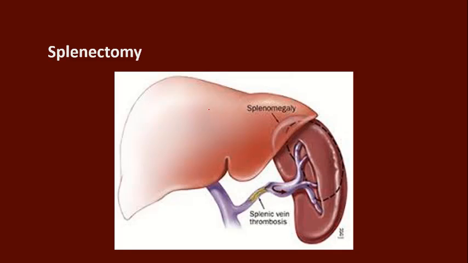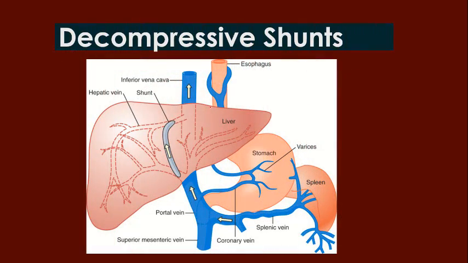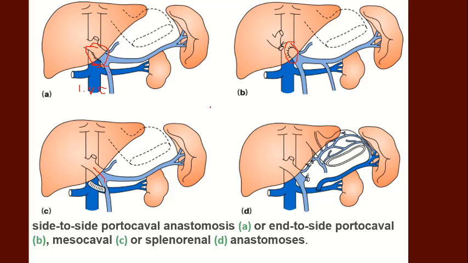These procedures consist of transabdominal devascularization of the lower 5 centimeters of the esophagus and upper two-thirds of the stomach. The incidence of liver failure and encephalopathy is low following devascularization procedures because of better maintenance of portal flow.